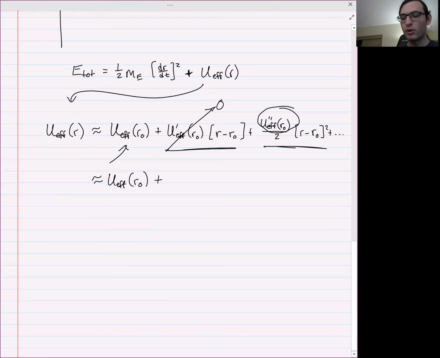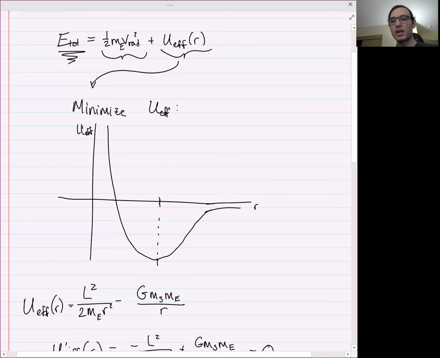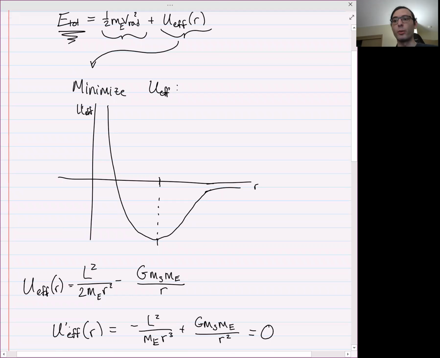And then we just have to figure out what the second derivative is. So this is just this guy again, over 2, times R minus R naught squared. And we don't have to keep any other higher terms. This should certainly not be 0, because, if you guys remember from pre-calc, the second derivative would be 0 at an inflection point, where it changes from concave up to concave down.